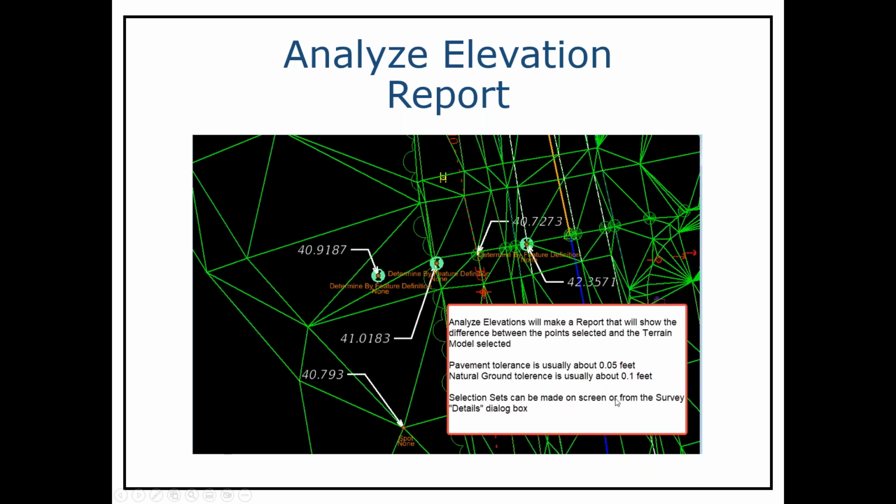Selection sets can be made on screen or from the survey details dialog box. For instance, I could go back to the survey field book and drill down into points, all the way down to the cross section features, the point features, and I would have the details showing just those cross section points, those check section points.